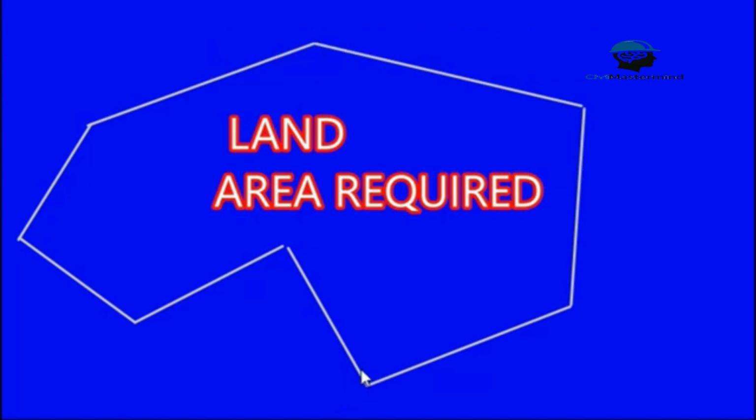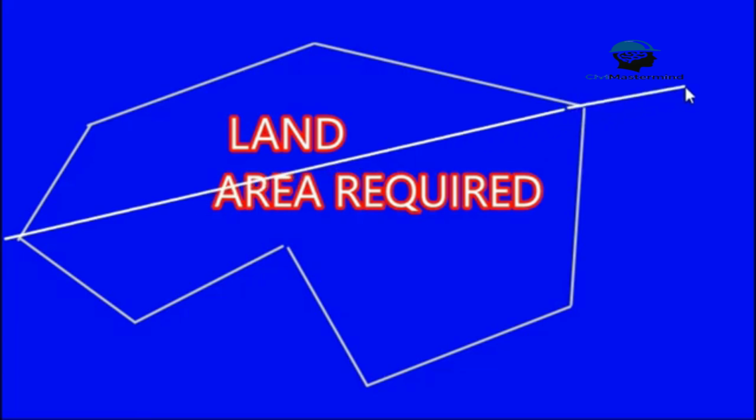So how are we going to take out the area of this particular land? The best way over here is to range this line. Now how will we range this line? We'll add 3 pegs or ranging rods anywhere in this location.